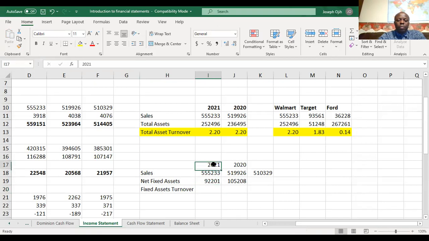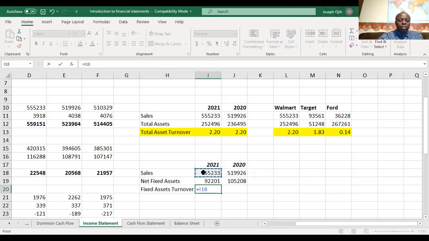Let me make this bold. Since we don't have the 2019 data for Walmart, in the fixed assets we have to remove that one. So now you can see I have equals sales divided by net fixed assets. And then you can now copy it to the next.